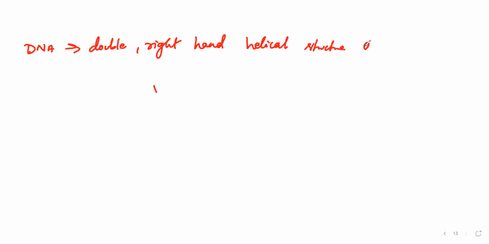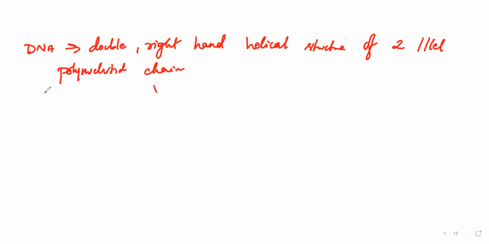DNA is a helical structure, a double right-handed helical structure of two parallel polynucleotide chains.